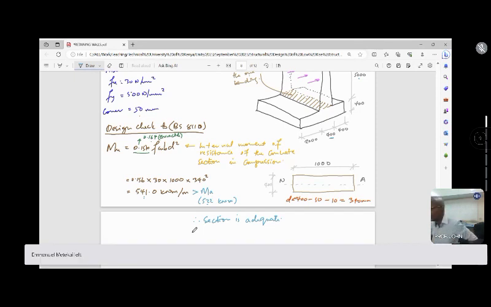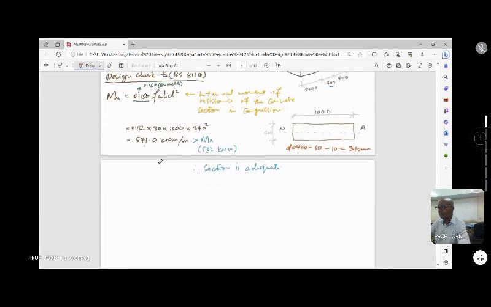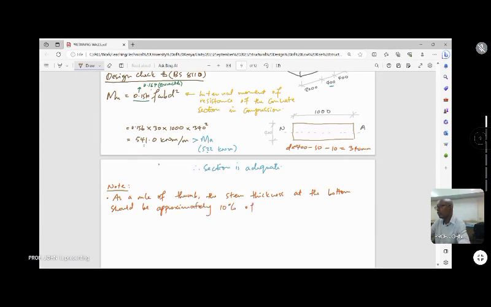Maybe we can write it as a note. As a rule of thumb, stem thickness at the bottom should be approximately 10% of the stem height.